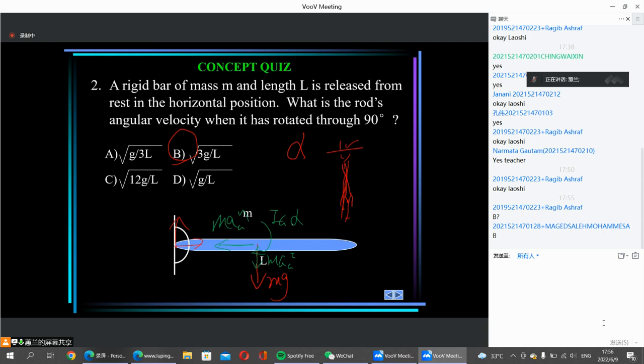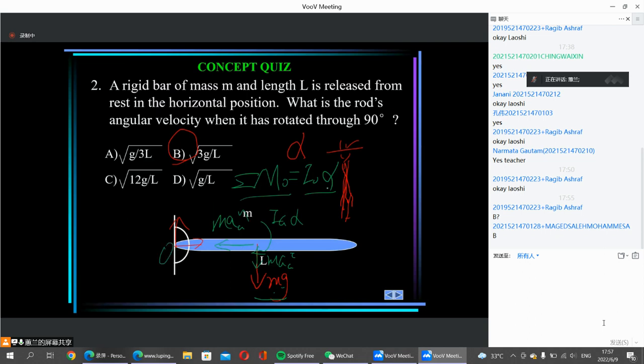So what we should have, we will know that sigma M_G equal to I_G alpha, or for the rotating, we have sigma M_O equal to I_O alpha, right? From the FBD, we know only the weight will produce moment about the rotating center.